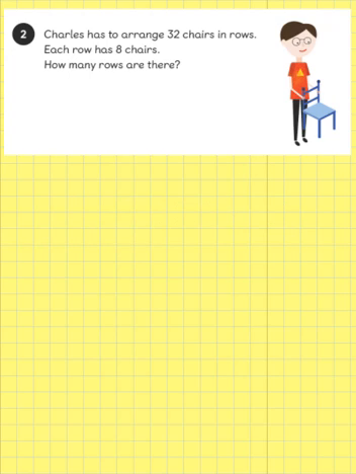Next one. Charles has to arrange 32 chairs in rows. Each row has 8 chairs. How many rows are there? Right, okay, so with this one, I've got a total of 32 chairs, and I'm going to write that down straight away because I feel as if I might need that first.